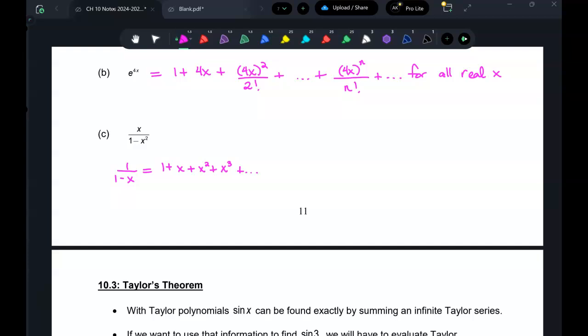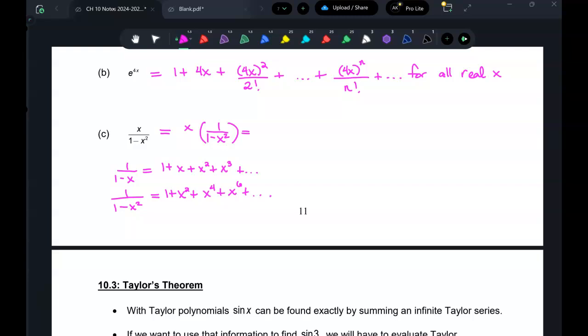What if I replace the x with an x squared? 1 plus x squared plus x to the 4th plus x to the 6th plus x to the 8th, x to the 10th. So this is going to be x times 1 over 1 minus x squared. Think of it that way.